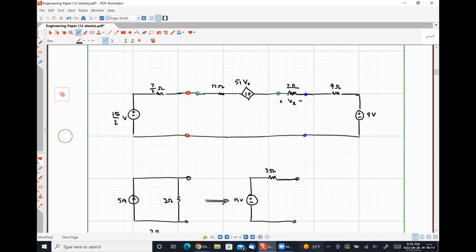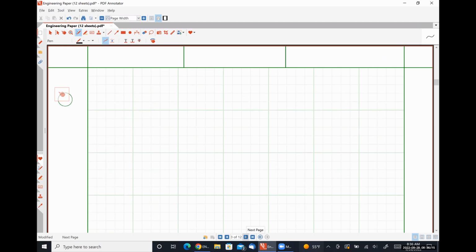So what we're going to talk about now is what's called the maximum power transfer theorem. And then at the end, we're going to tie these two topics together.